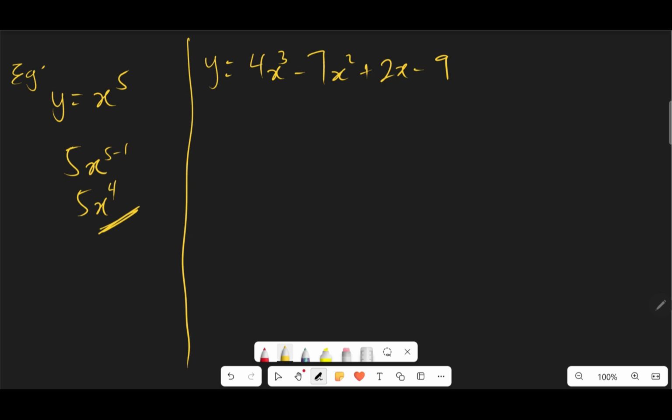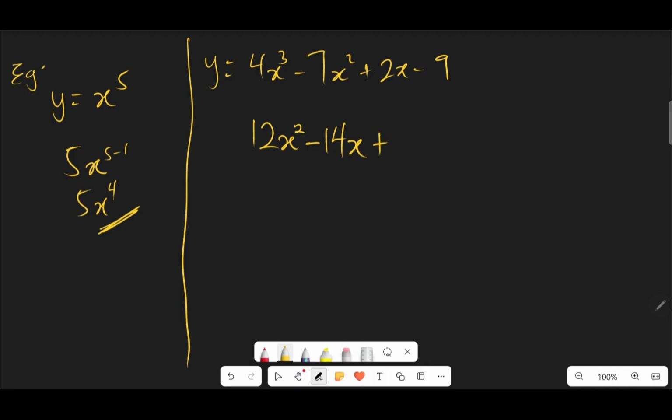So we will differentiate it term by term. Our first term is 4x to the power 3. We multiply the power of x by the 4, and we get 12. Then we bring the x, and subtract 1 from the power 3, which gives 2. I'm done with the first term. Then I multiply the 2 by minus 7 and get minus 14x, then subtract 1, which gives x to the power 1, the same as x.